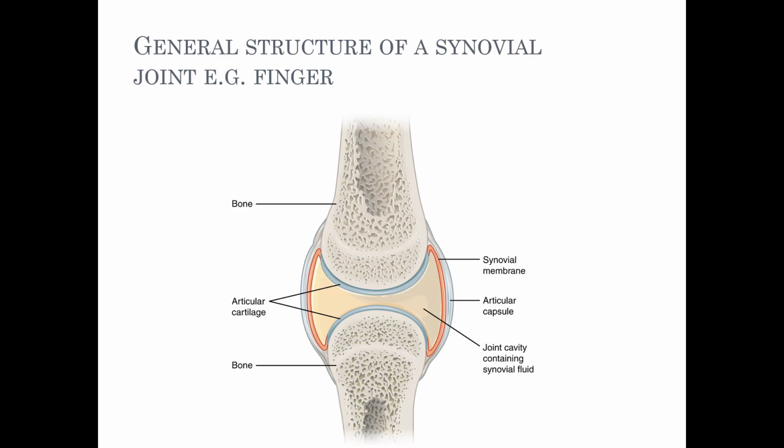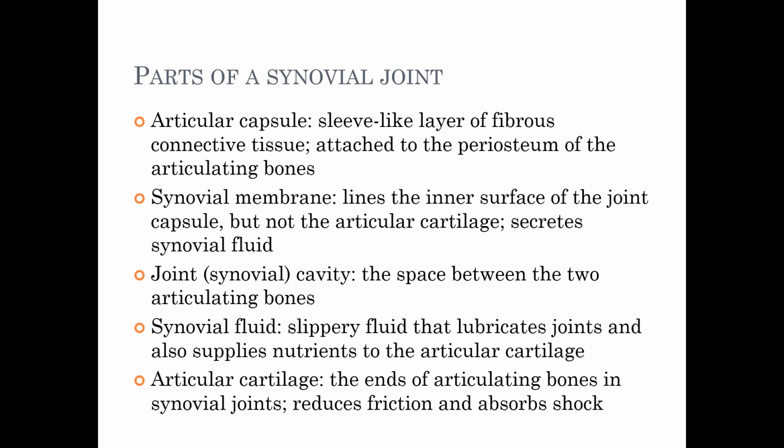The synovial membrane consists of connective tissue, but also of epithelial tissue, and it does secrete a fluid. It secretes what's called synovial fluid into the joint cavity, the space between the two bones. The synovial fluid further separates the two bones and keeps them from rubbing against one another.